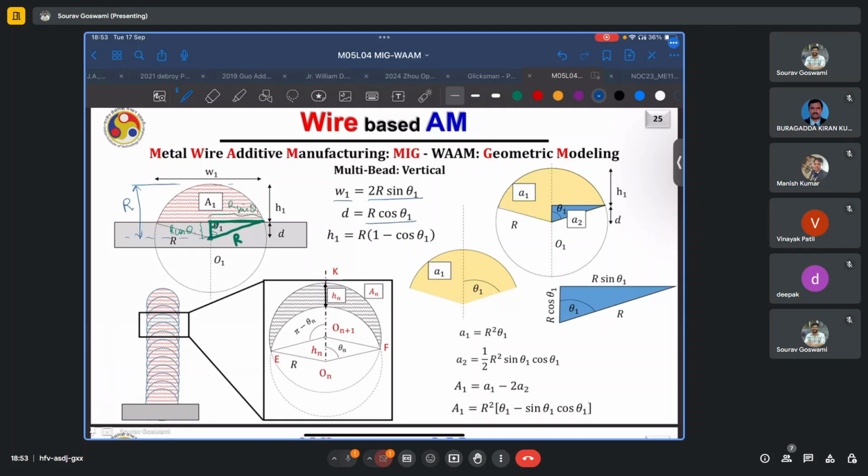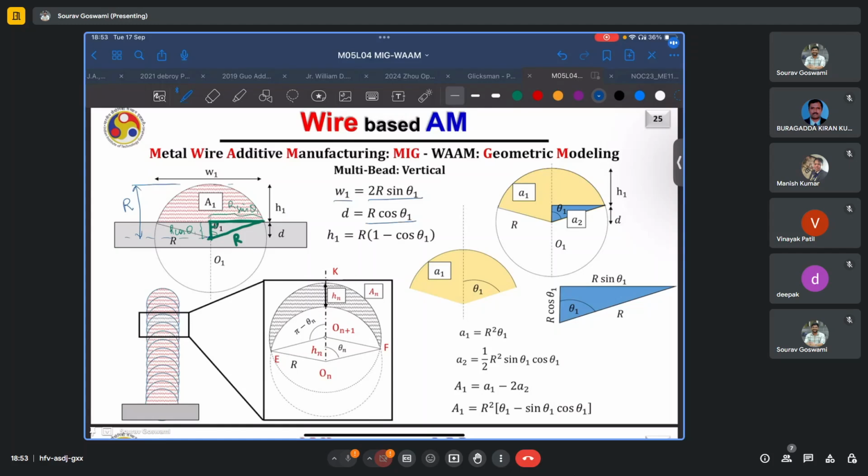Now we want to find the area A1 of the deposited bead. We are looking only in the plane because we assume that along the print direction, which in this case would be the x direction, or into the plane, this bead profile remains uniform. Thus, the variation is only occurring along this plane, or the two dimensions.